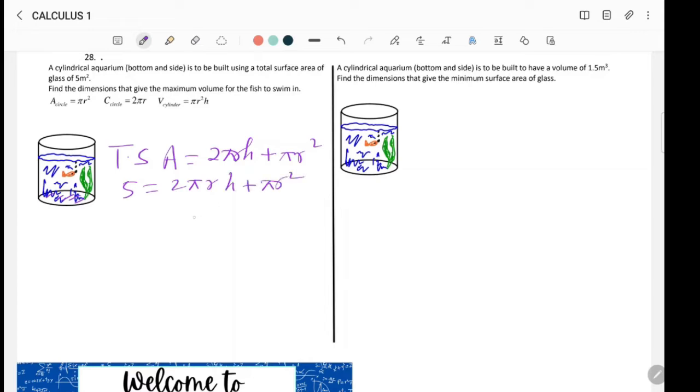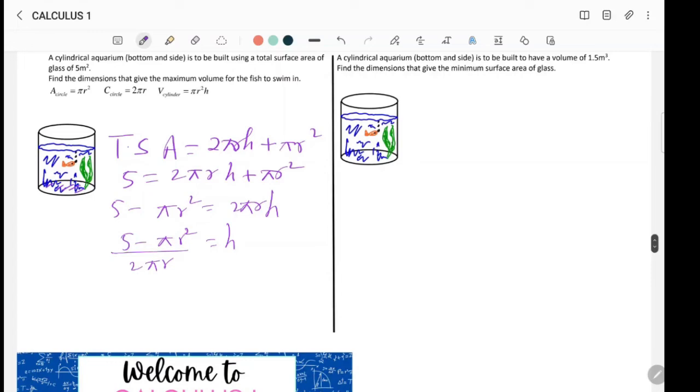So we can find height from here. 5 minus pi r square equals 2 pi r h. So 5 minus pi r square over 2 pi r equals h.